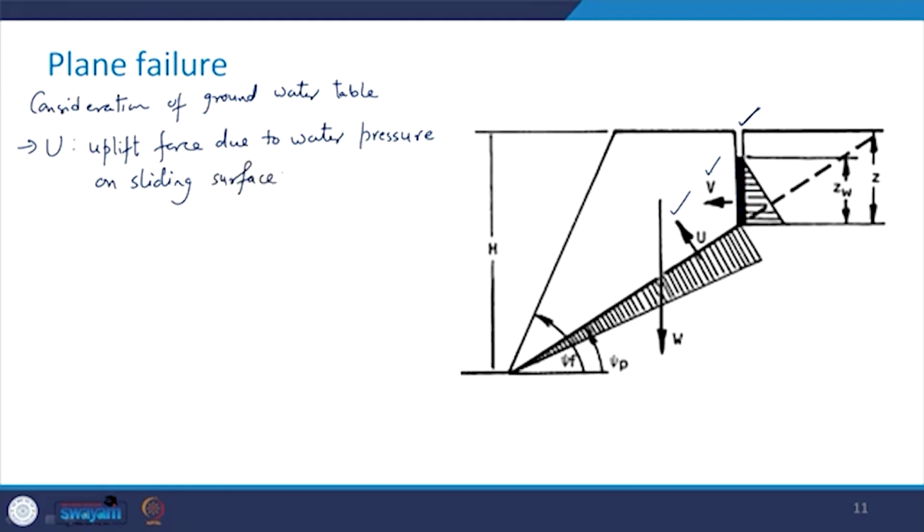And then another one we have is V, which is the force due to water pressure in the tension crack. And you can see the direction in which these two will be acting.